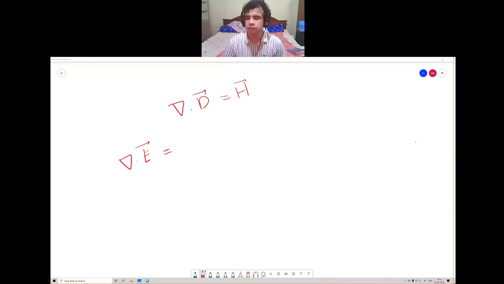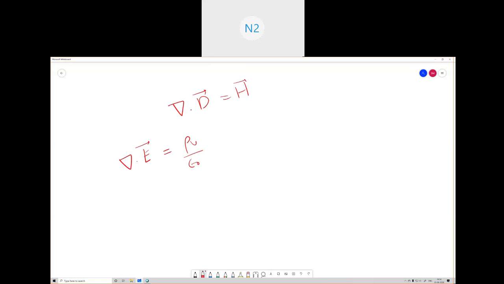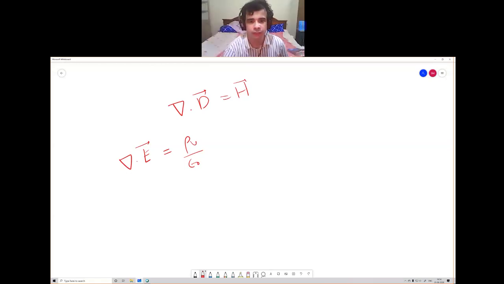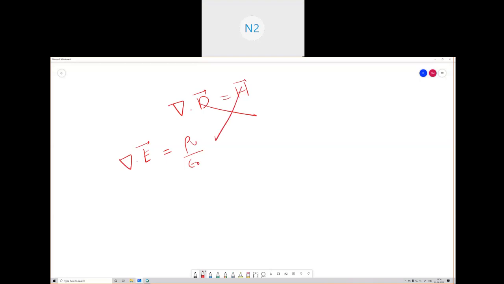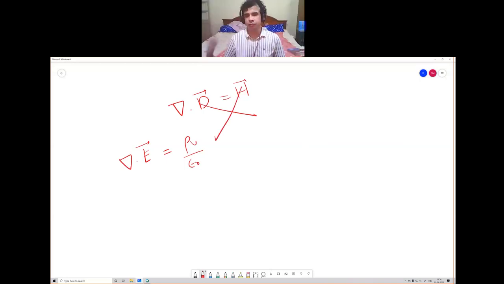Just now you told rho v by epsilon naught. Is rho v by epsilon naught a vector or a scalar? Scalar. So is the divergence of a vector a scalar or a vector? Scalar. So this equation is totally wrong. Divergence of a vector is always a scalar, so we cannot say it is the divergence of anything. Third option.